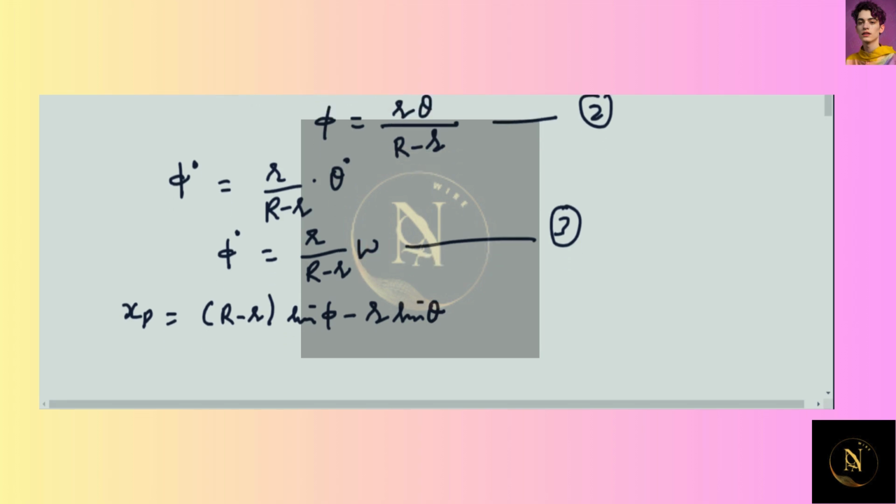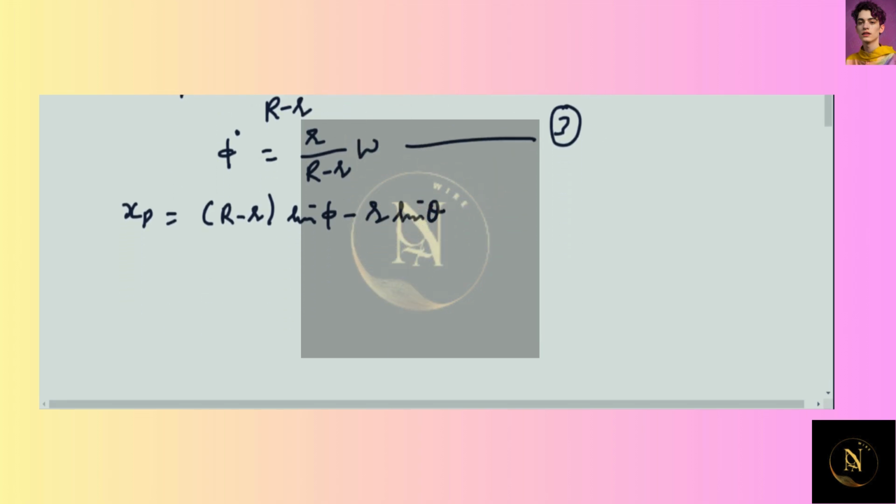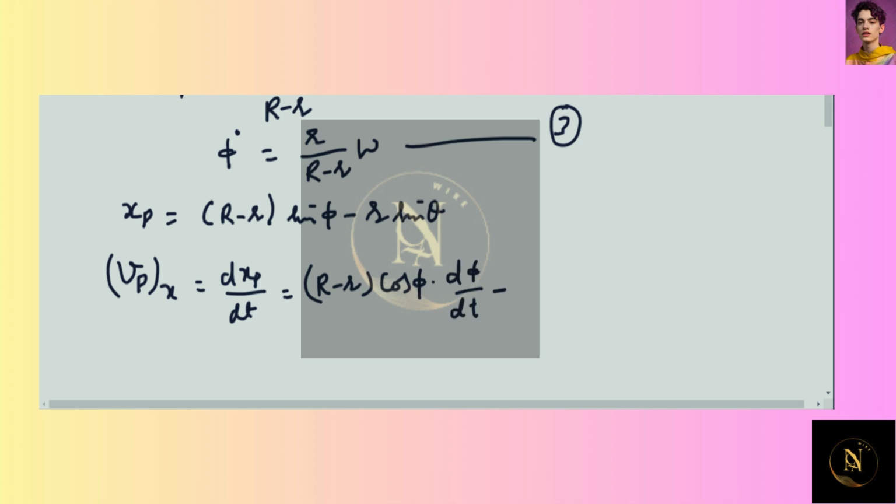So the velocity of point P along the x-axis will be dx upon dt, that is (R minus r) cos of phi d phi upon dt minus r cos of theta d theta upon dt. Phi dot we know, theta dot is omega. Substitute the value.